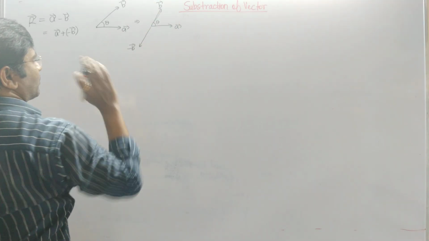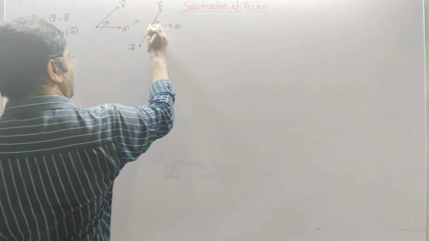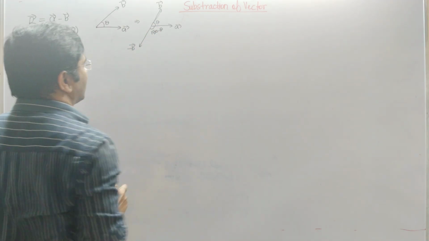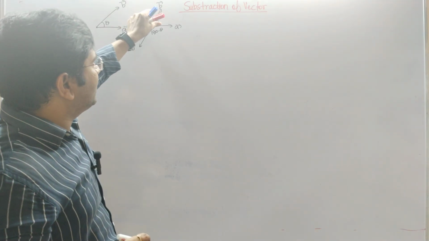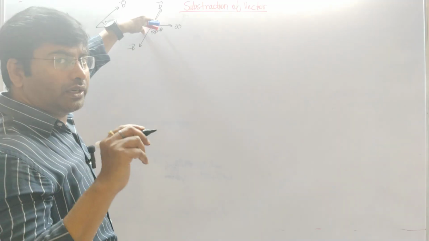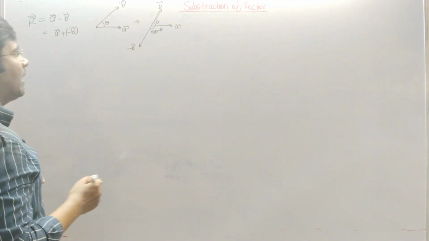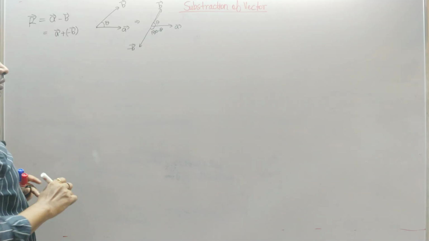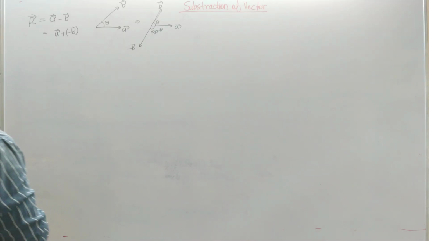So this is just opposite, minus vector B, and this angle will be 180 minus theta. Clear? So the angle between A and B is theta. The angle between A and minus B is 180 minus theta. So now we have to add this vector A and this vector minus B. Okay. So here I will draw another diagram.